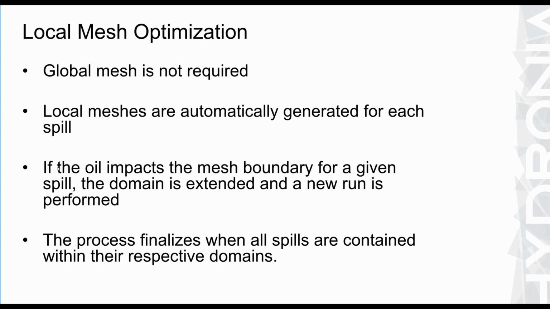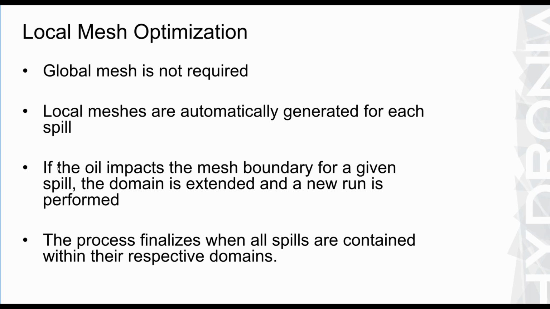The thing is that these initial local meshes may not be sufficient to contain all the spills. So the spill will hit that mesh at the boundaries, and that means that the mesh was not big enough to represent what happened in a real situation.